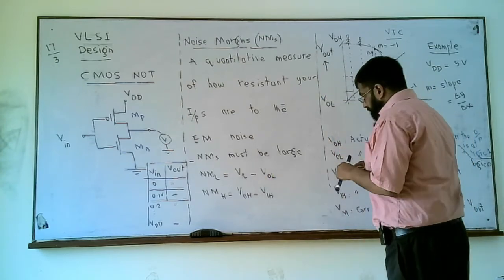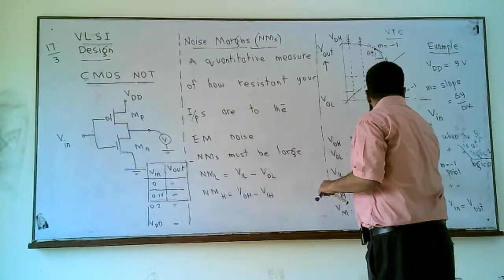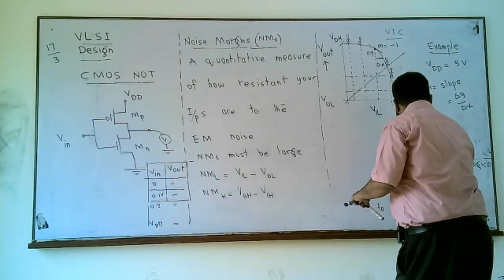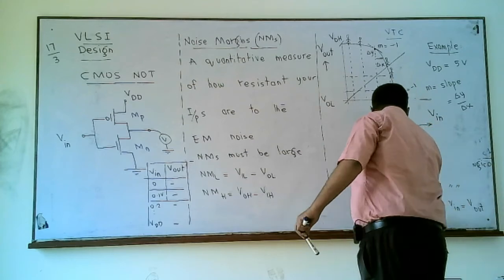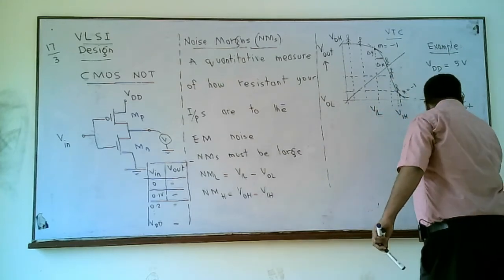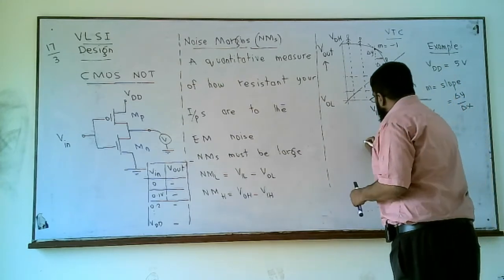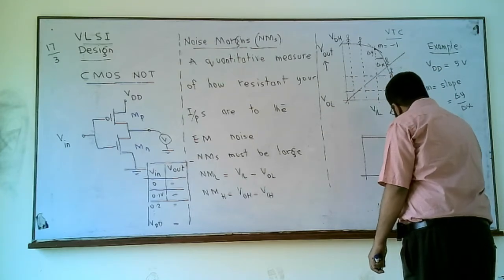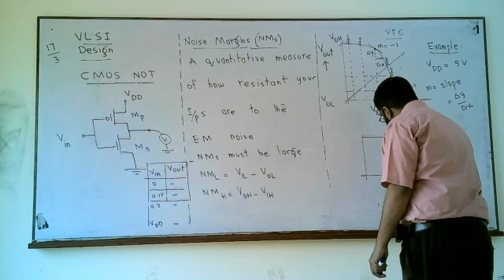So ideally it should be like this. Ideally speaking, to have very large noise margins, we must have some characteristic like this.